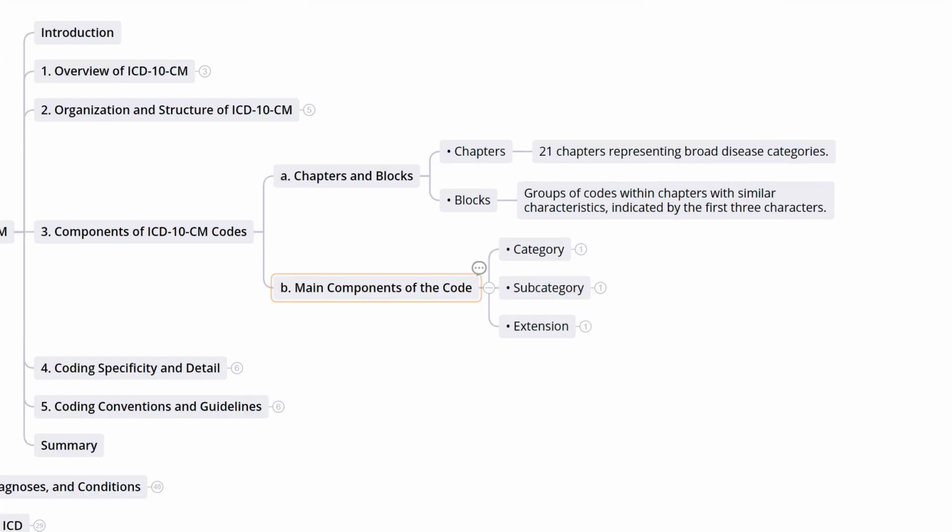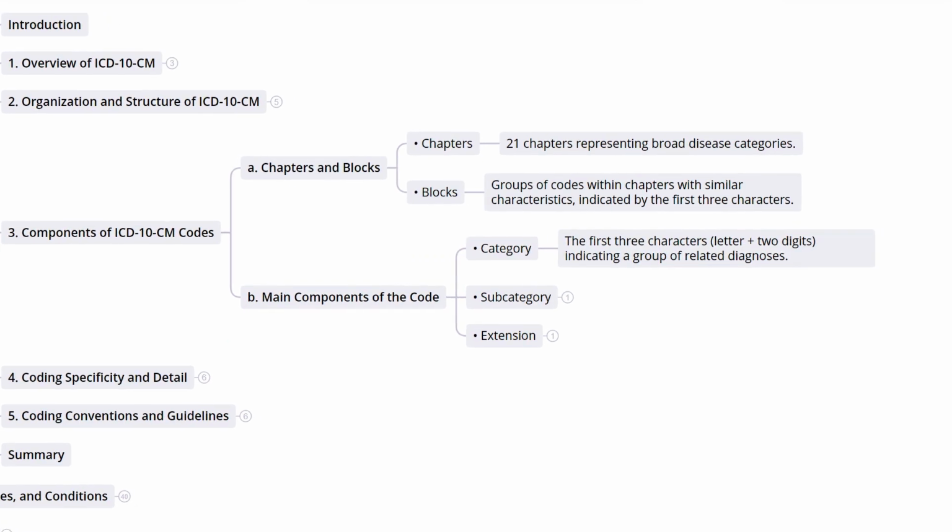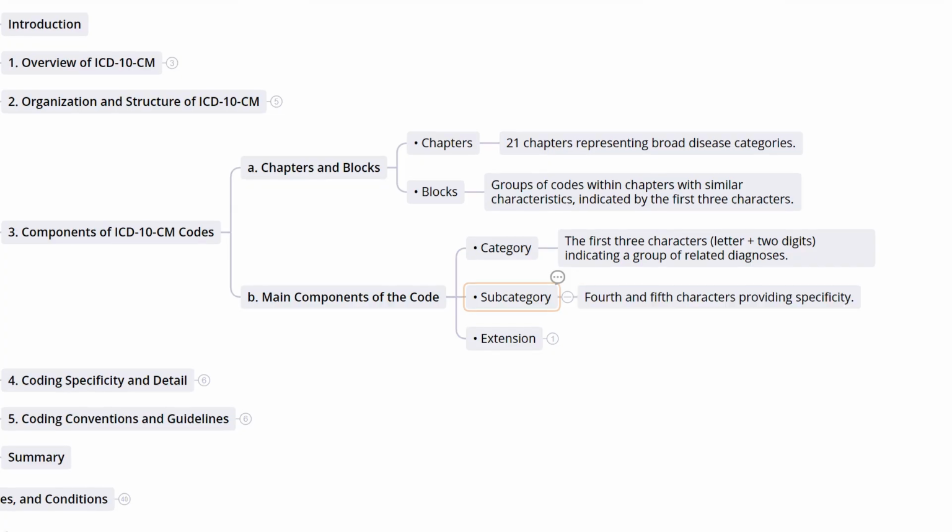Next, main components of the code. Category. These are the first three characters, usually a letter plus two digits, indicating a group of related diagnosis. Subcategory.